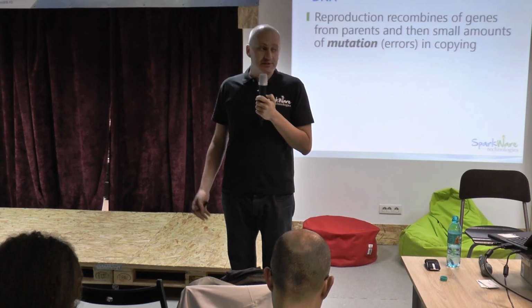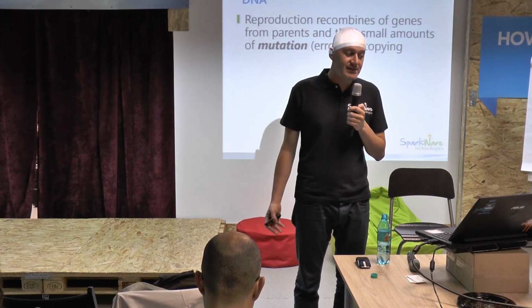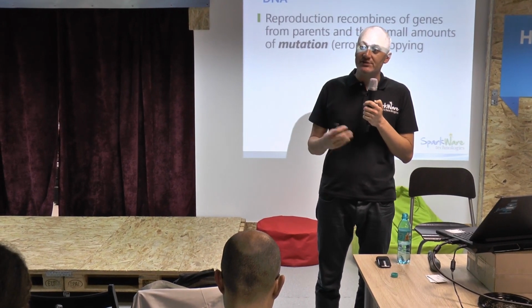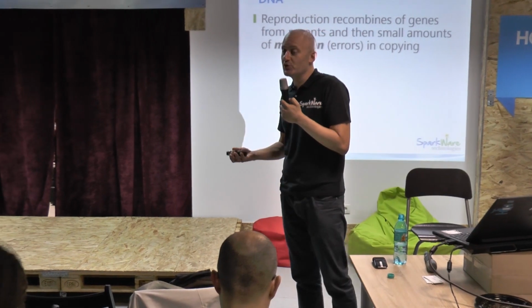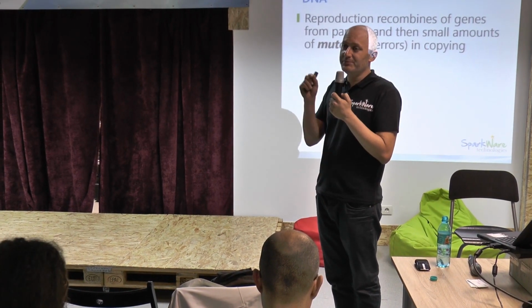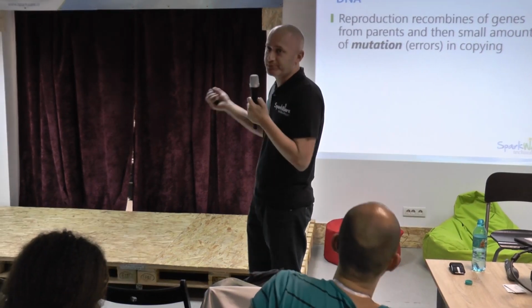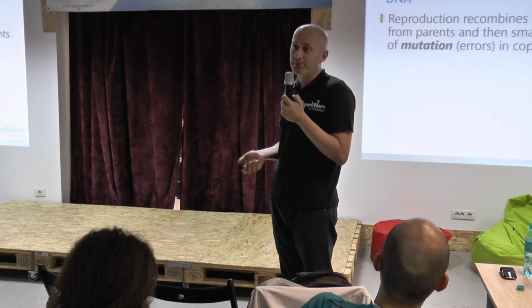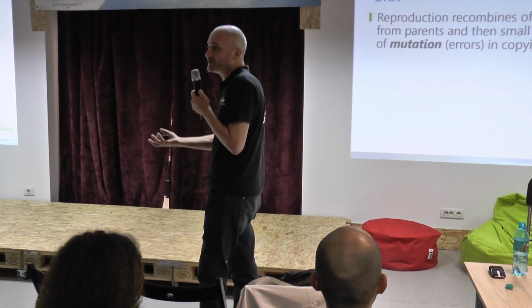DNA evolves. DNA has reproduction. It combines genes from parents, and then it mutates those genes. And each generation is supposed to be like the last generation, only a tiny bit better. And if I'm successful and pretty or whatever, I'm going to survive better, and therefore I'm going to have more offspring.